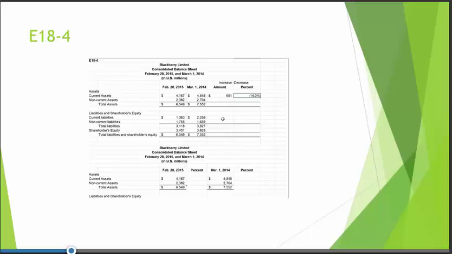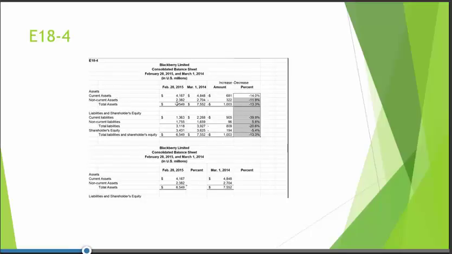So all we do horizontally, think horizontal, horizon, is we go line by line on the balance sheet or income statement and just calculate the change and percent change for each line item. We can do the same for the entire balance sheet, and I'll talk through.